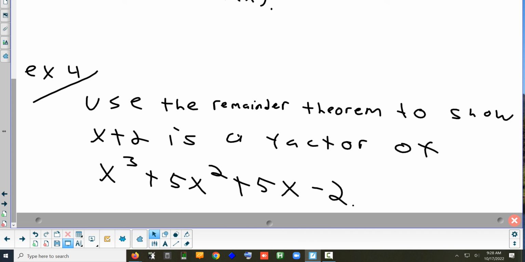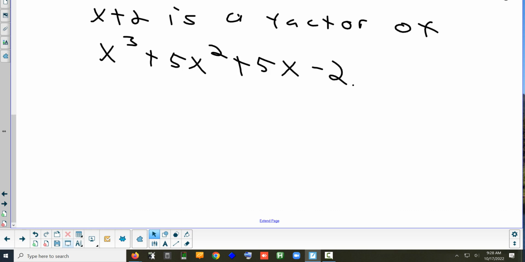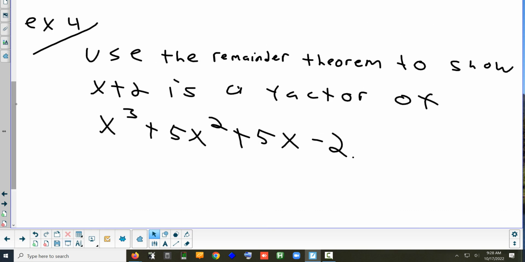You have to show that the remainder comes out to 0. And I'm telling you this time it will. Well, let's see. This x cubed plus 5x squared, all that stuff, that's my f of x. The x plus 2 is what I'm dividing by.